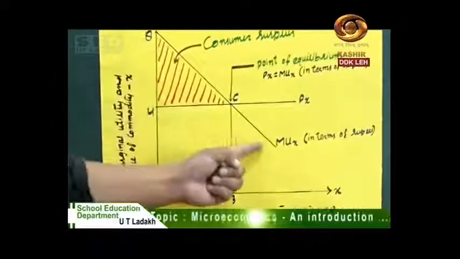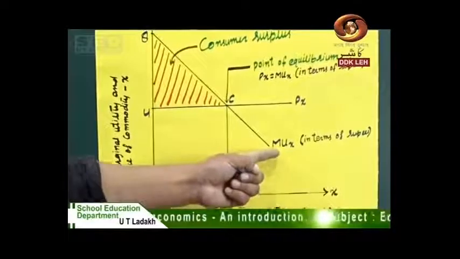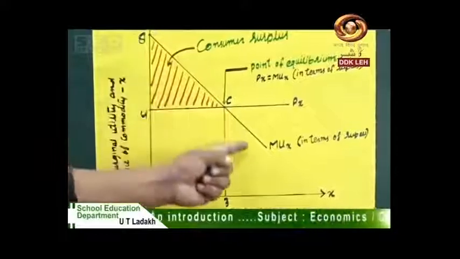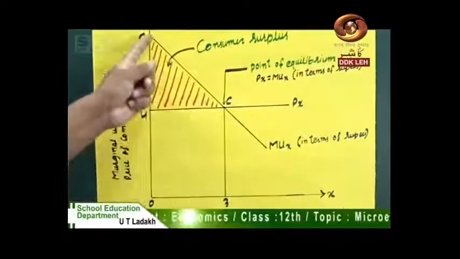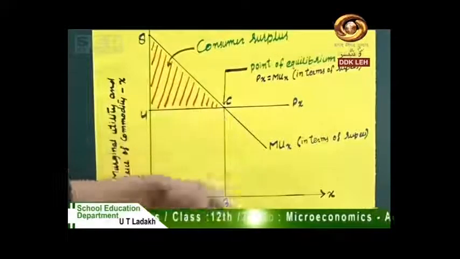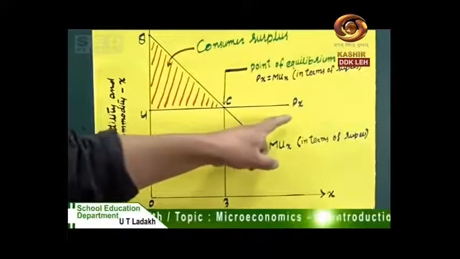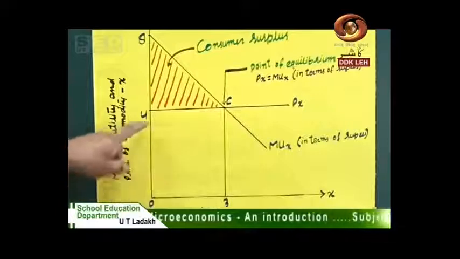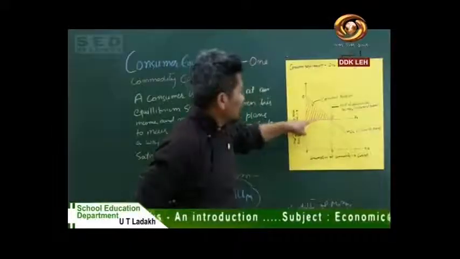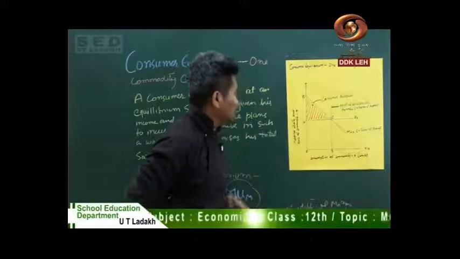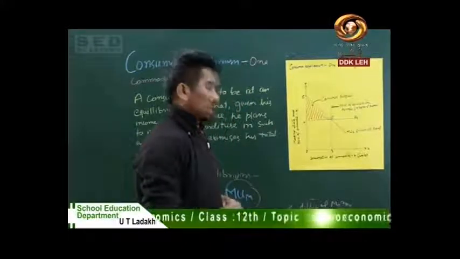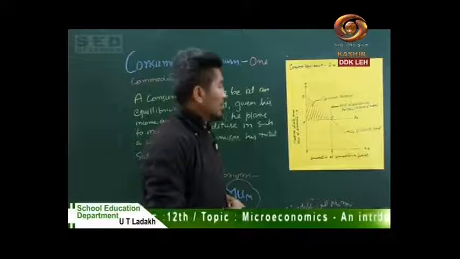This curve is the MUX curve, the marginal utility of commodity X curve. It slopes downward from left to right, and this curve which is PX is the price curve or the marginal utility of money curve, and it is constant because here we are assuming that price is constant and also the marginal utility of money is constant.